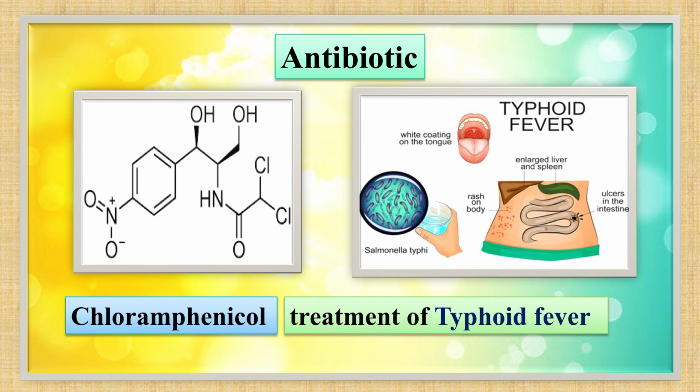One compound of haloalkene is chloramphenicol. This chloramphenicol is used as a medicine for typhoid fever. If you are suffering from typhoid, the doctor will prescribe chloramphenicol, and you can see on the screen that chloramphenicol is an organic compound and it contains chlorine atoms in its backbone.